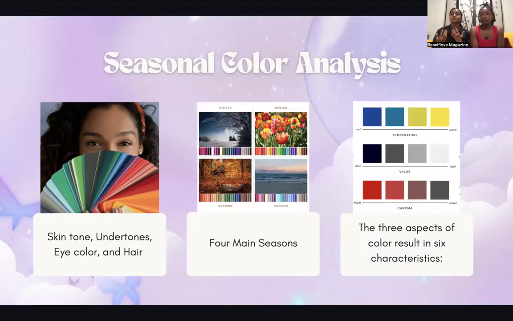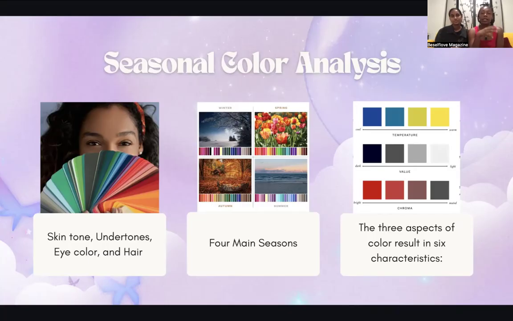When you go into a color analysis studio, they look at your HVC, which is your hue, value, and chroma, and what your color palette is based on your natural features, and determine your four main seasons. With the HVC being determined, the dominant characteristics of a person can be better understood, to give an idea of what your subseason and seasonal palette will be.